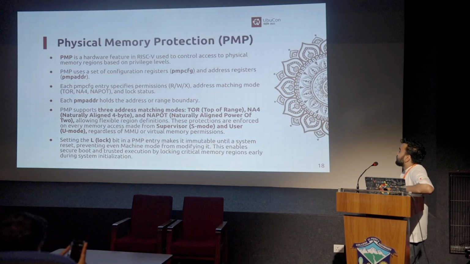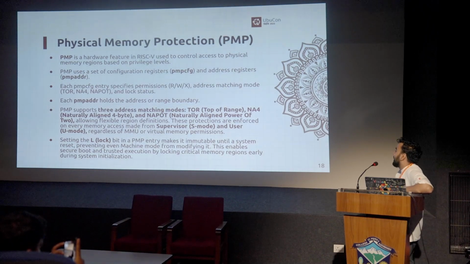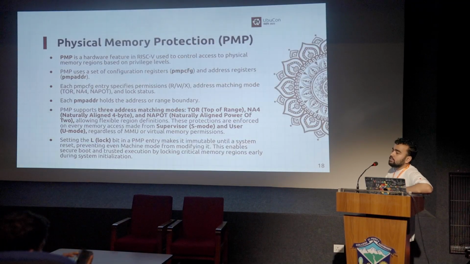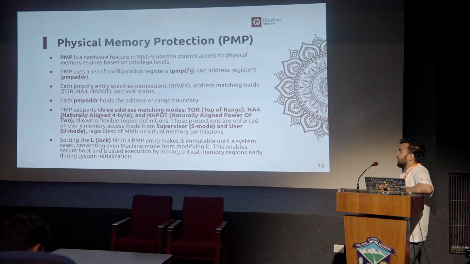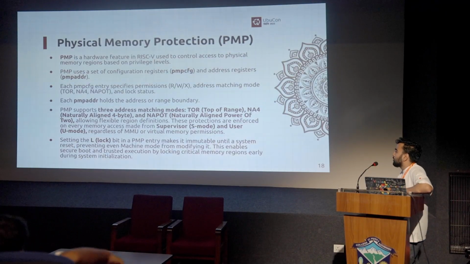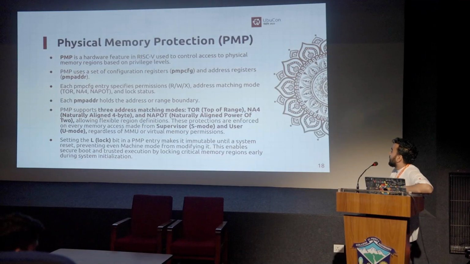So PMP has basically the address matching modes that we have just mentioned: TOR, top of range; NA4, naturally aligned 4 byte; and NAPOT, naturally aligned power of 2. That helps us with maximizing the throughput from the disk level while performing read write operations. Generally, they are the most time consuming operations if we have fragmented data on our disks, and this helps us with that.